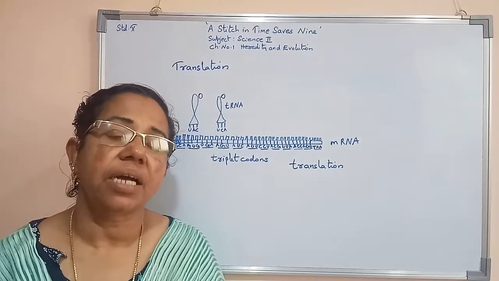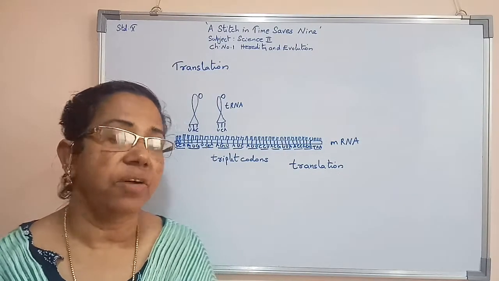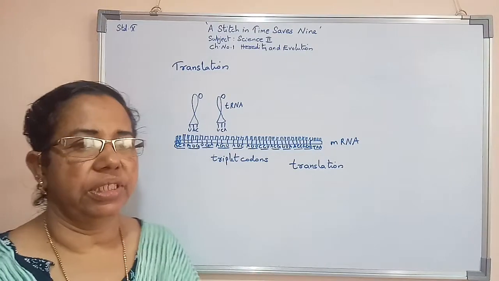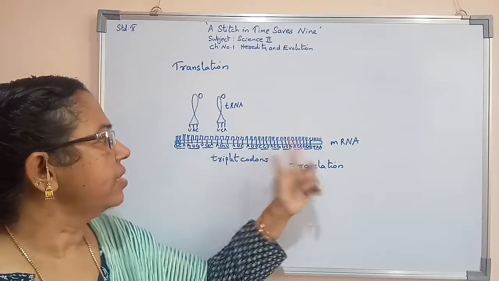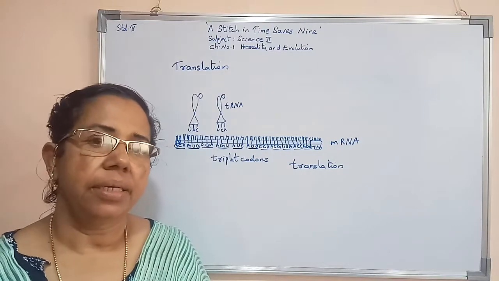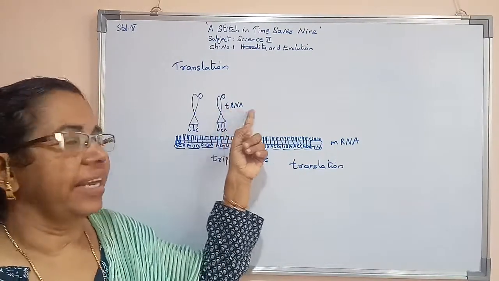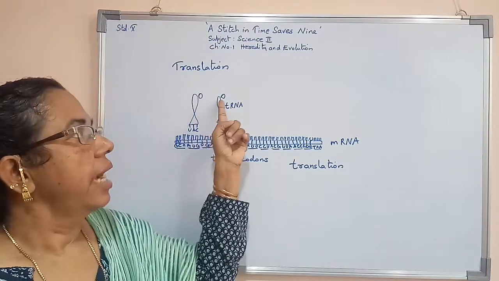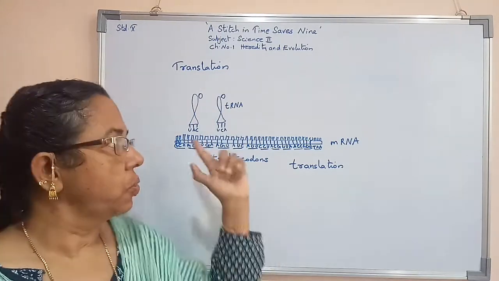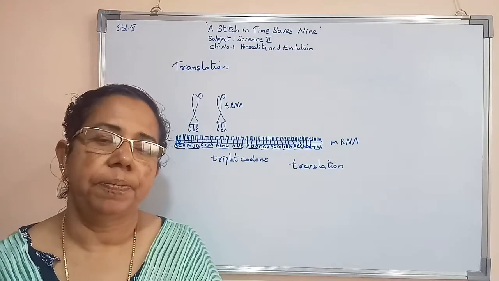Each messenger RNA has thousands of triplet codons. As per the message on the messenger RNA, transfer RNA, that is tRNA, supplies amino acids to the messenger RNA.